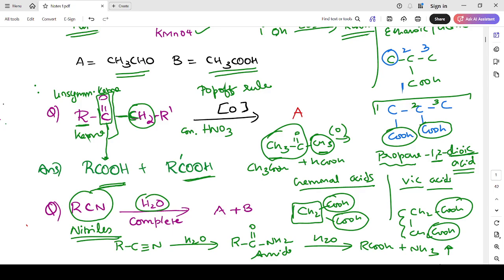In case they have not provided the intermediate amide here, and instead they said complete hydrolysis, or they mentioned water in the presence of H plus, acidic hydrolysis, in that case also your direct product will be carboxylic acid.